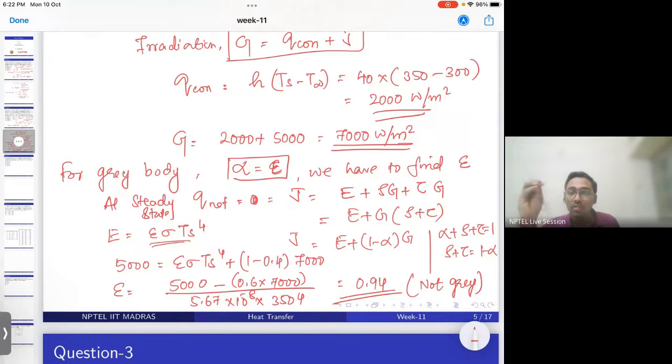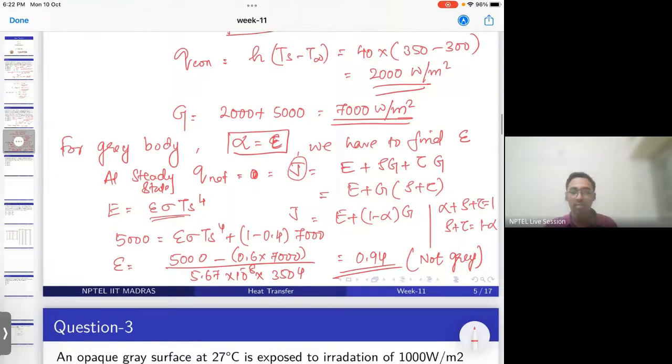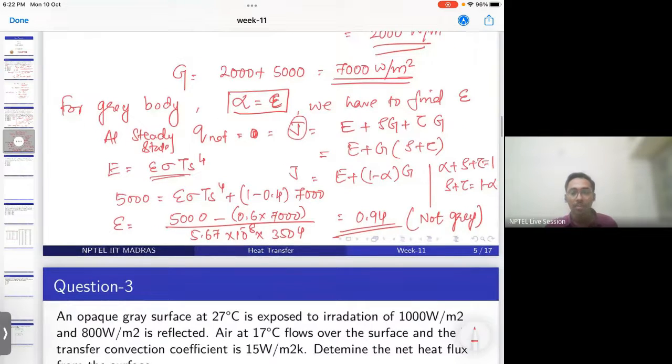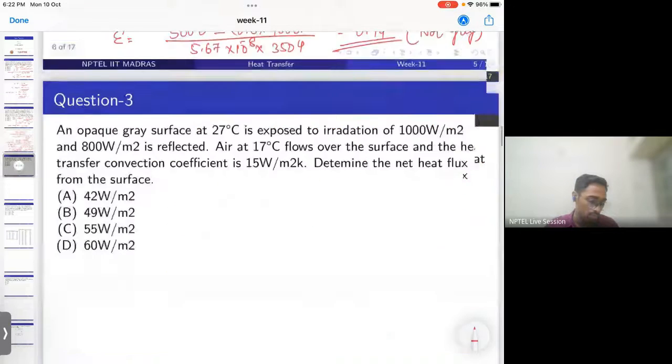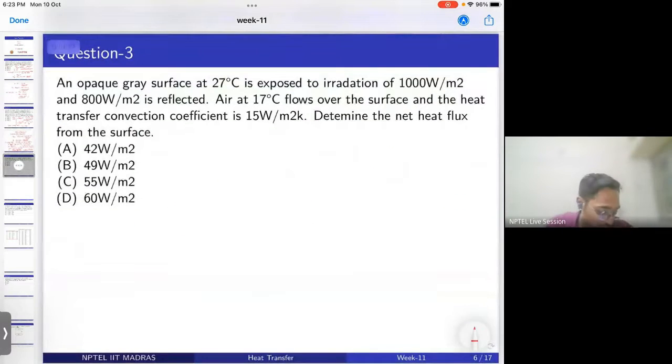So all this will account for the radiosity, that is the total radiant energy emitted by the surface. So this J is given. From that we find out the epsilon. So we find out that emissivity and absorptivity are not the same. So it is not a gray body. So let's move on to the next question.